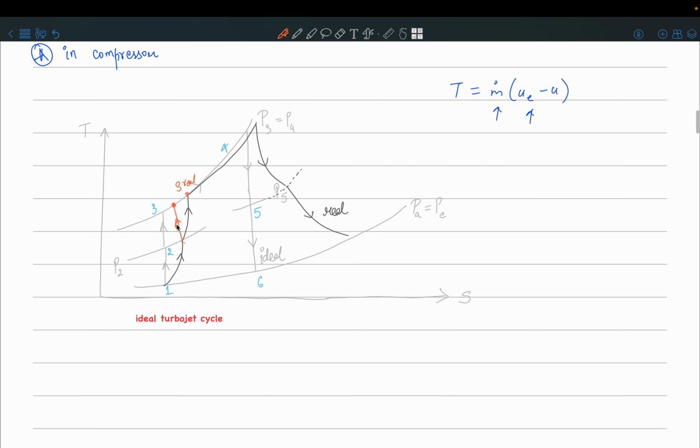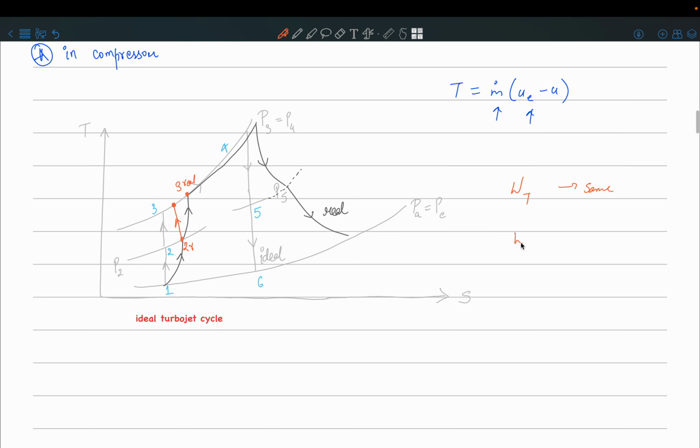You have converted your compressor's behavior from non-isentropic to almost isentropic. But remember that the work you were extracting from 2 real to 3 real, that work was being extracted from the turbine. When you inject water and methanol, the work the turbine is doing will not reduce, it is not going to change. So the work from the turbine is still the same.